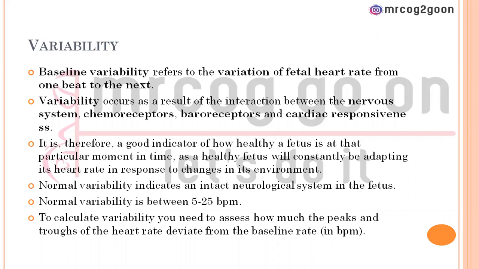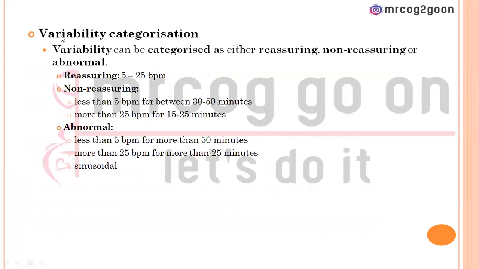If it is a straight line or almost a straight line, there is reduced variability, there is something wrong. And if it is more than 25, there is exaggerated variability, and also there is something wrong. So variability from 5 to 25, this is good, reassuring.